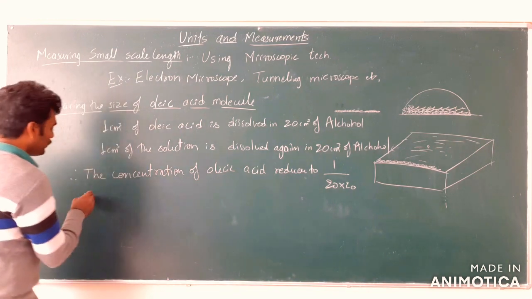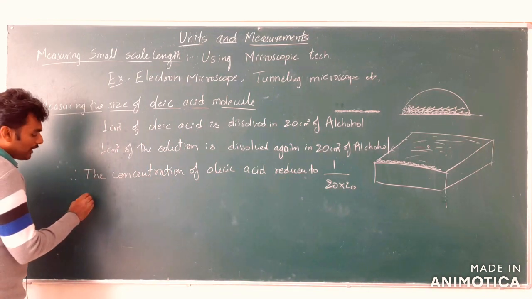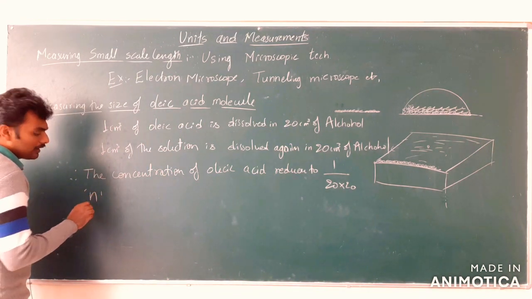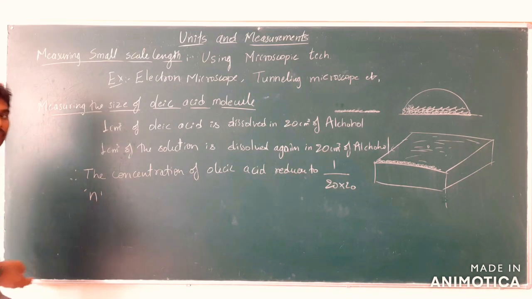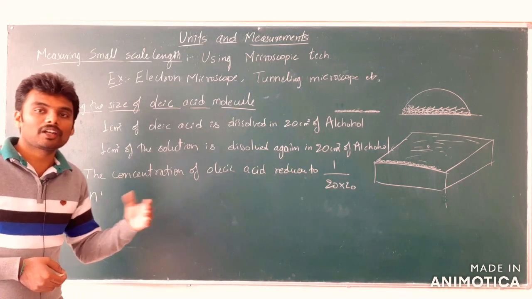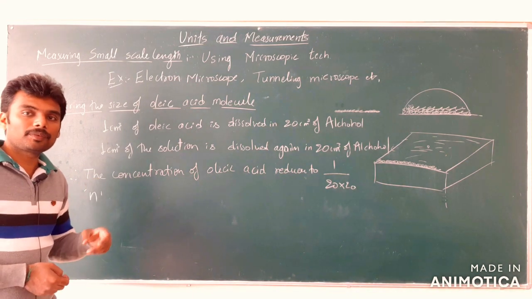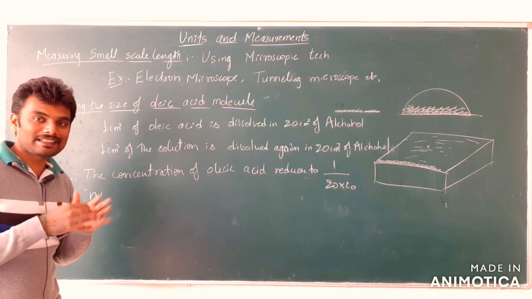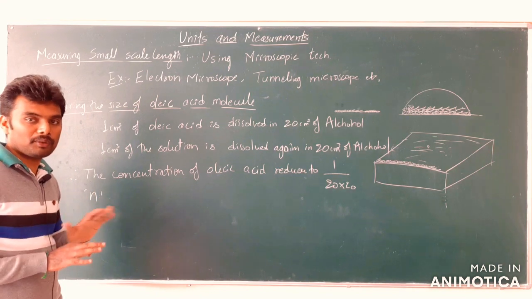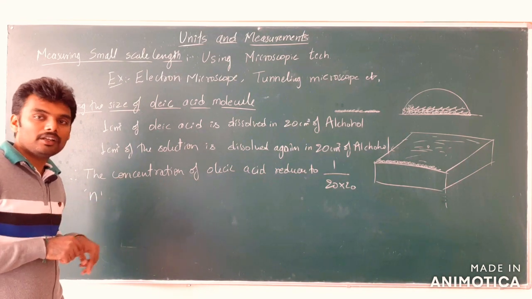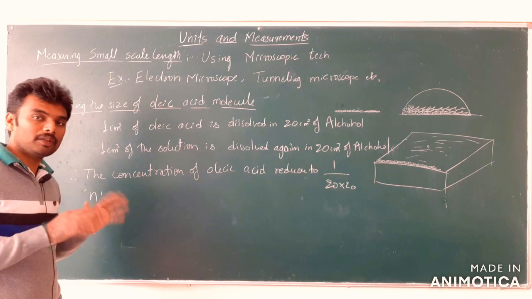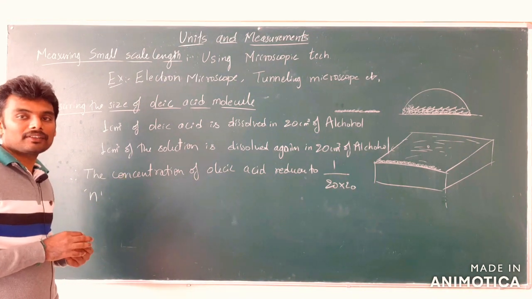Okay. Few drops, or let me take n drops. We do not know what is the value of n. Depending on the requirement, we will keep on putting the solution. If the area spread is enough, then we will stop. If the area spread due to the oleic acid is not enough, we will keep on putting the oleic acid.